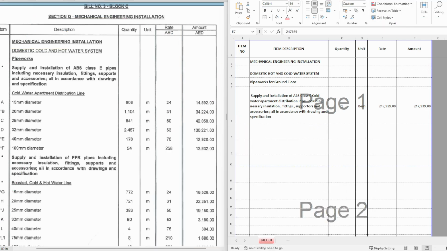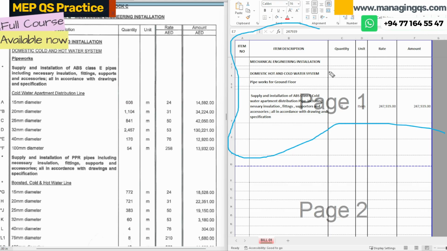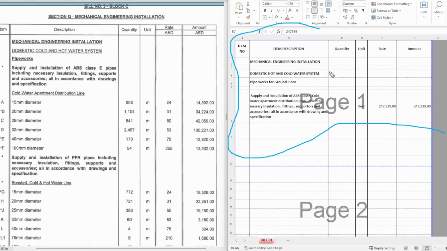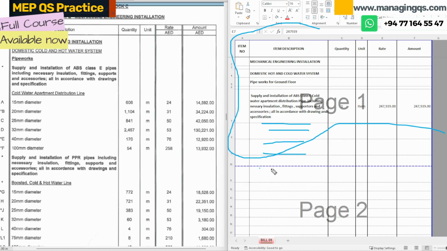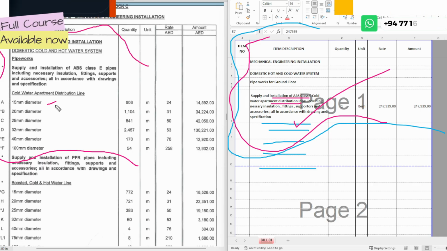Let's discuss why we have to produce this location based BOQ format. Just imagine you are the client and you have to issue one tender package on a very urgent basis. That is the real situation behind this concept. You have to issue a tender package very urgently, so you don't have time to produce a very detailed BOQ. So the client issues a very short location based BOQ format, but the detailed description is also available, and you will receive all the proper scope drawings, for example the drawings for the ground floor.